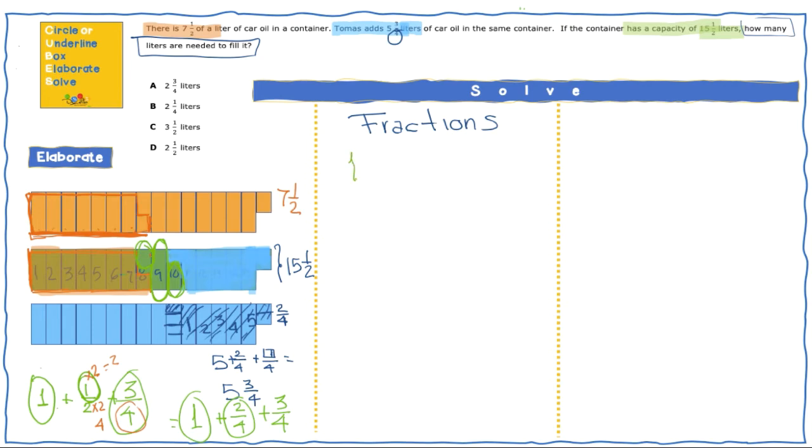We have 1 whole already plus 2/4 plus 3/4. Now I bring this down because it's already complete. Now that I have the same denominator, I can combine all of this. So that will be adding the numbers on the top, that's 5, and this is 4.